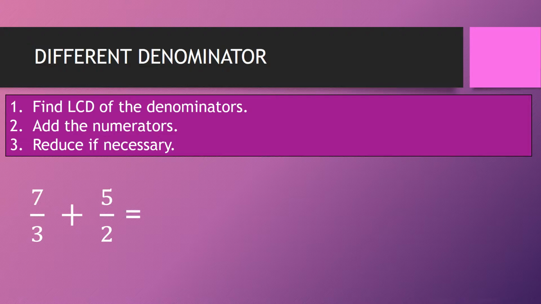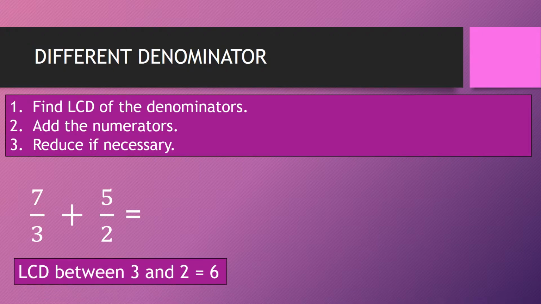And in this video, you will see how to find the least common denominator. The least common denominator between 3 and 2 is 6. You see, 6 is the least multiple of 3 that can be divided by 2. Then 6 is the common denominator.